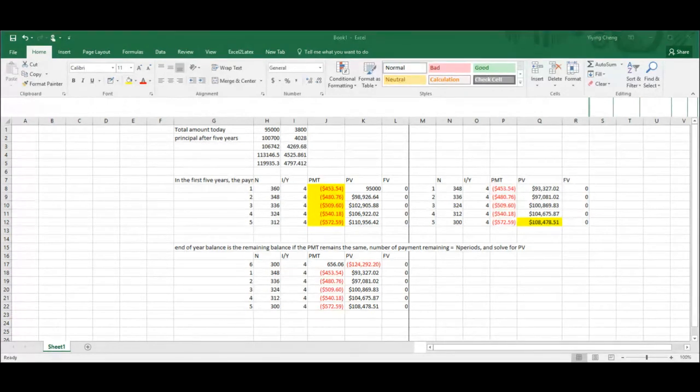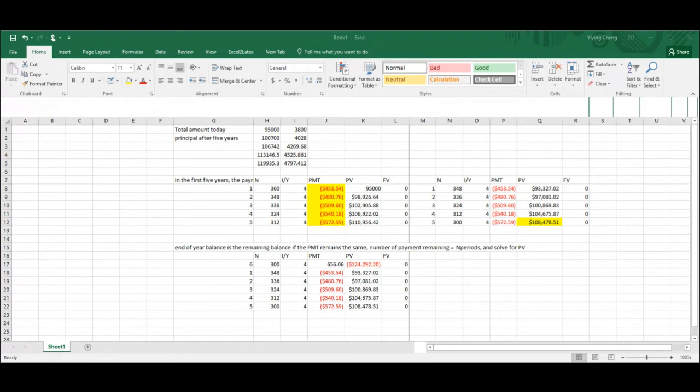So the first step is, of course, to calculate the payment. Every single time we calculate the payment, we act as if the outstanding balance will be paid down at the same rate over the number of payments remaining.